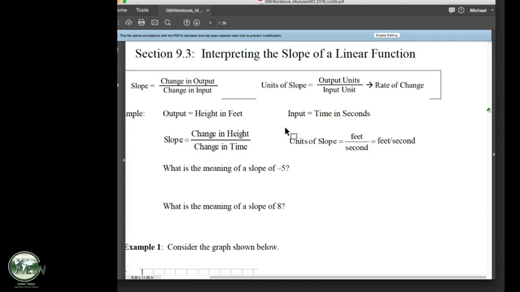Understanding this: feet per second, miles per hour. This always gives us how our situation is changing, how fast or how slow it's changing, how two variables are changing relative to each other. So this is a very important aspect of mathematics for everyday life.